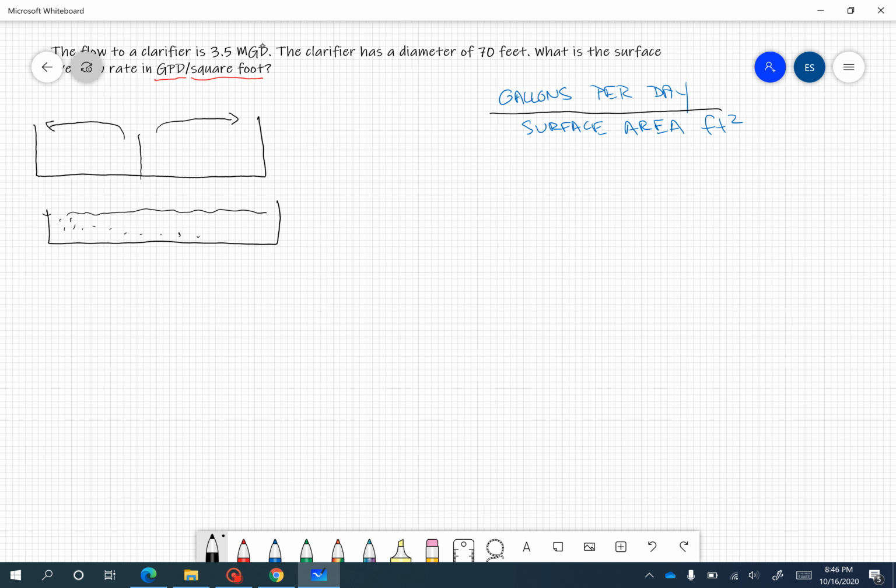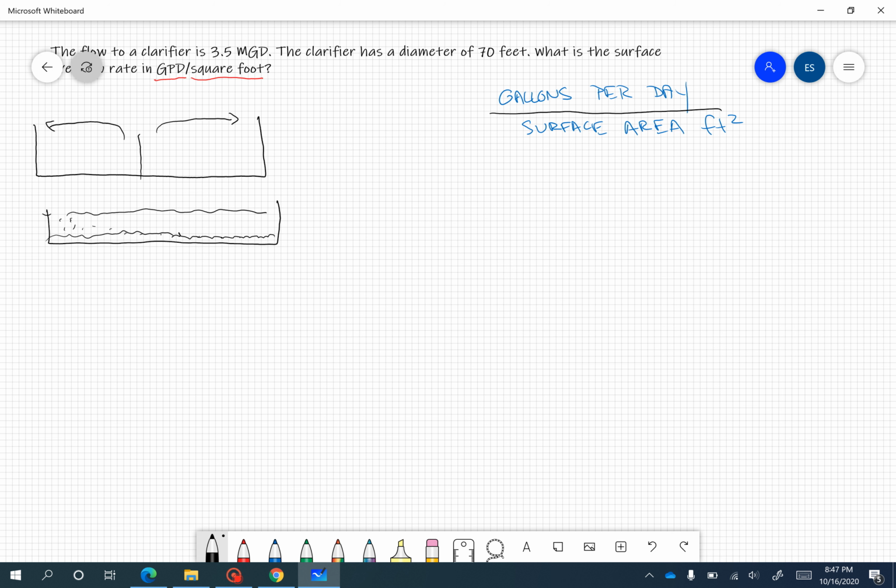That's kind of the whole point of clarification, is that we get the solid material to sink to the bottom and create a sludge layer that we can remove from this settled wastewater, and then the clear water flows over the top.